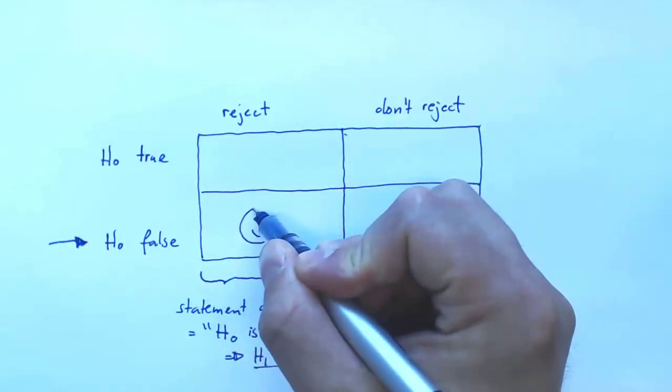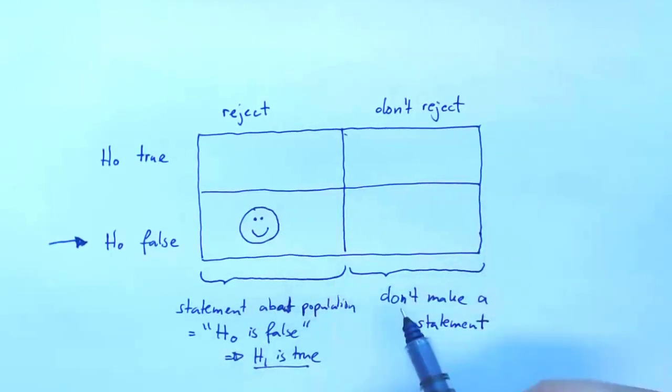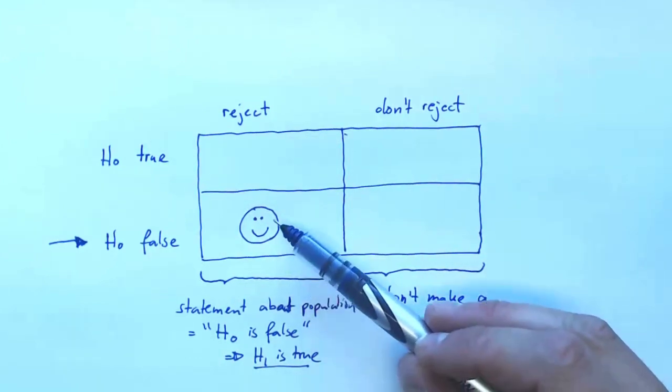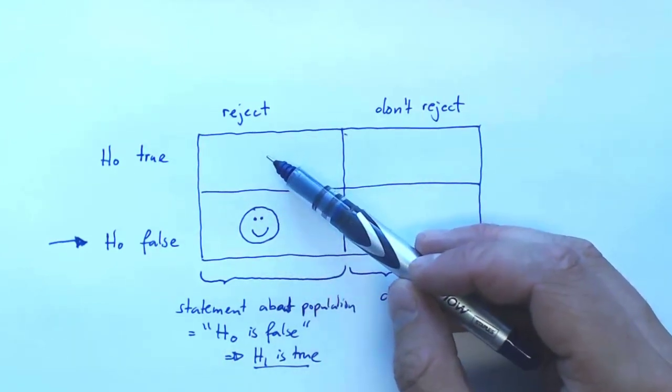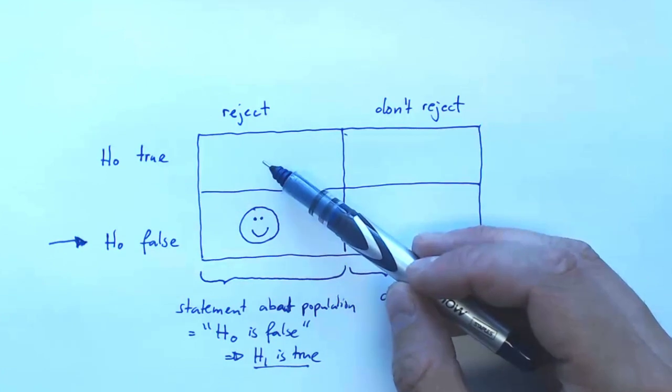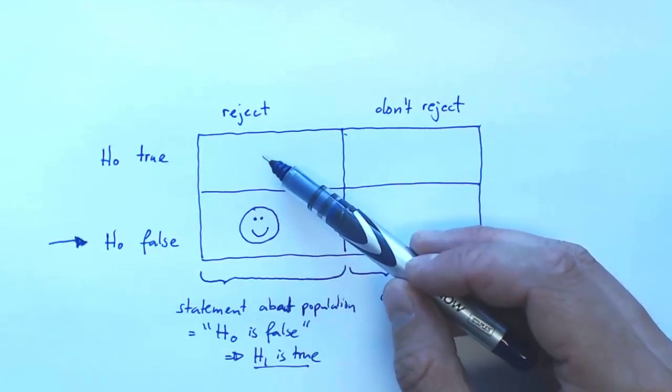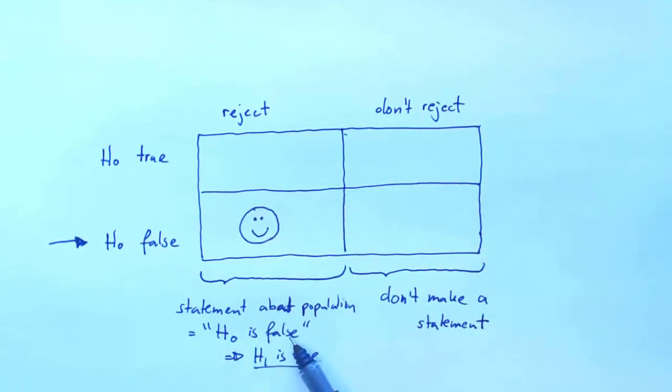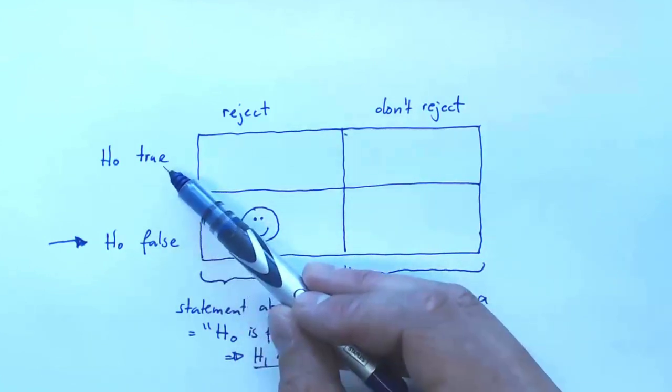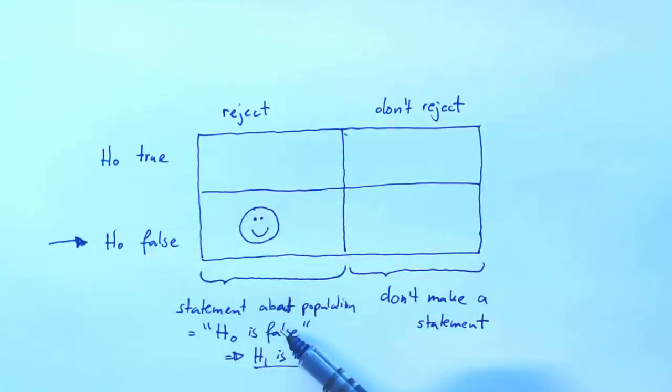So that would just make us very happy. If we reject and H0 is actually true, then we will make the statement H0 is false, even though H0 is true. So we're making a statement that is false, right? We're making a wrong statement. So we're making a mistake.